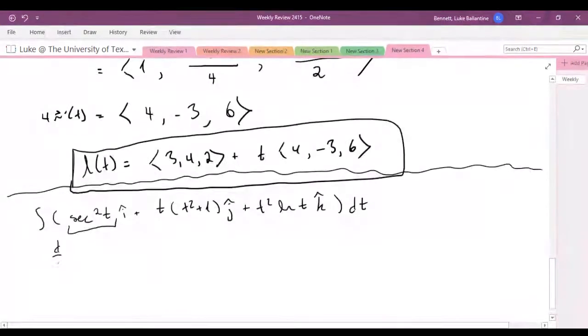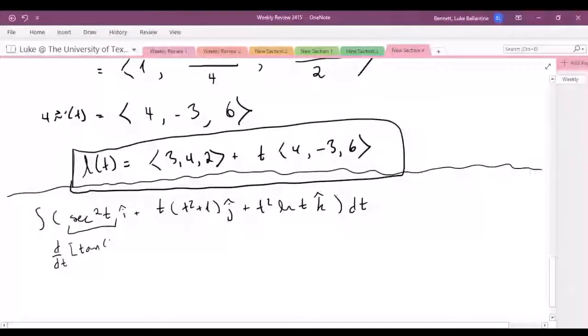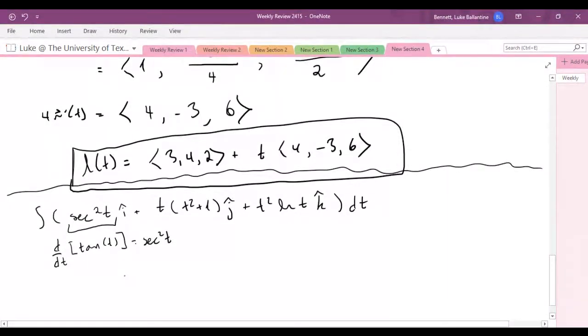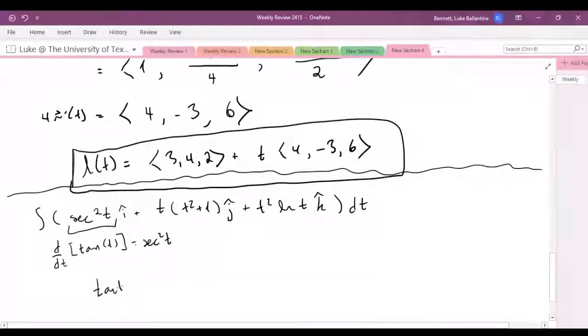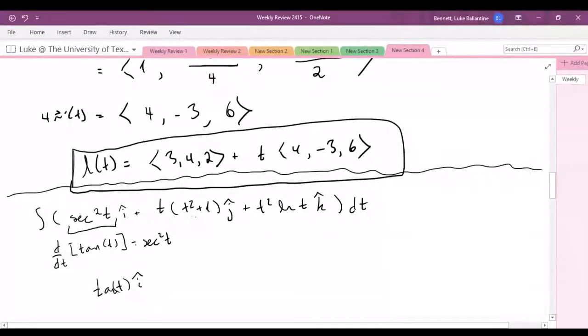Well, remember, the derivative of tangent is secant squared. So then the integral of secant squared is tangent. So we have tangent t i, and then how do we integrate this?